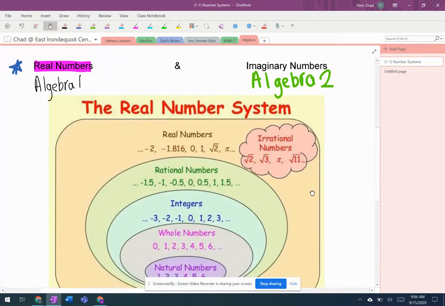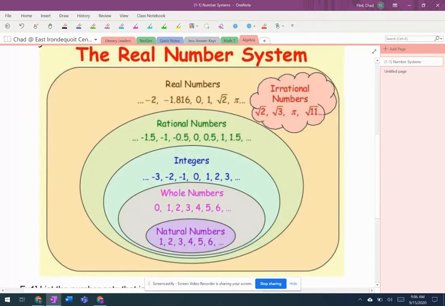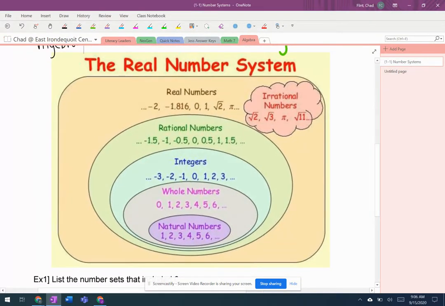You'll see that there's a document or an image in here that says the real number system, and it kind of goes through all the number systems. The way this works, this is kind of like an umbrella hierarchy. This real number system is everything inside of this box.